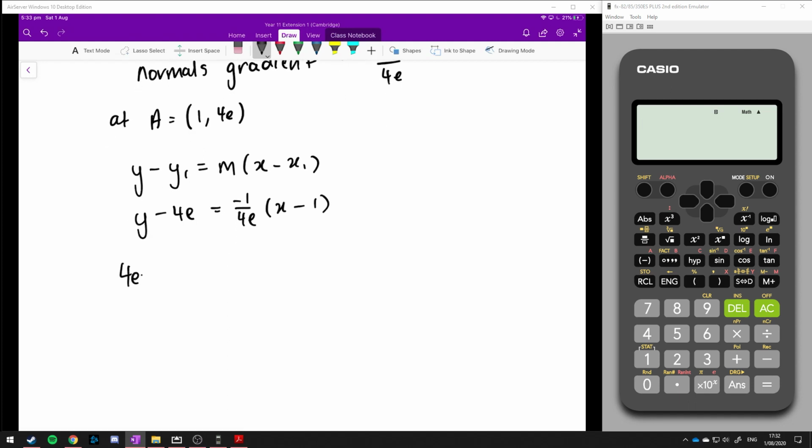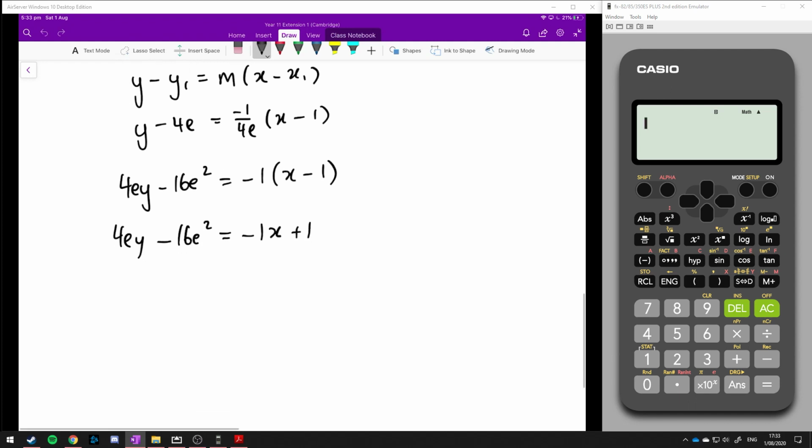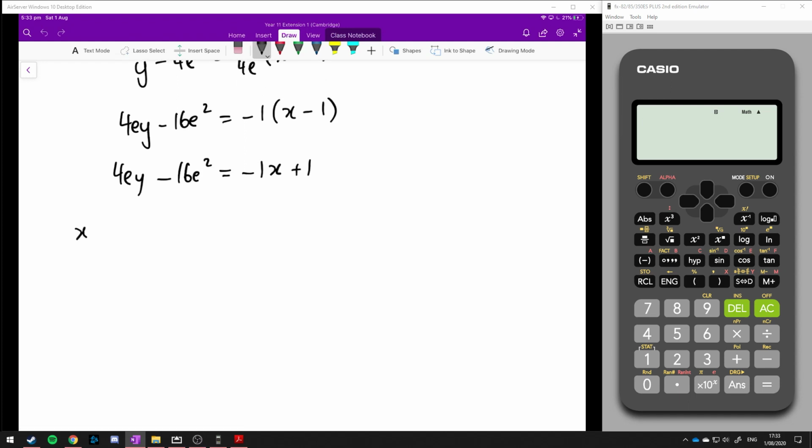So this is going to leave us with 4ey minus 16e squared is equal to minus 1 lots of x minus 1. Rearranging that right hand side, that gives us 4ey minus 16e squared is equal to minus x plus 1. Now moving everything to one side, I'm going to leave this equation in its general form. We're going to get x plus 4ey minus 16e squared minus 1 is equal to 0.